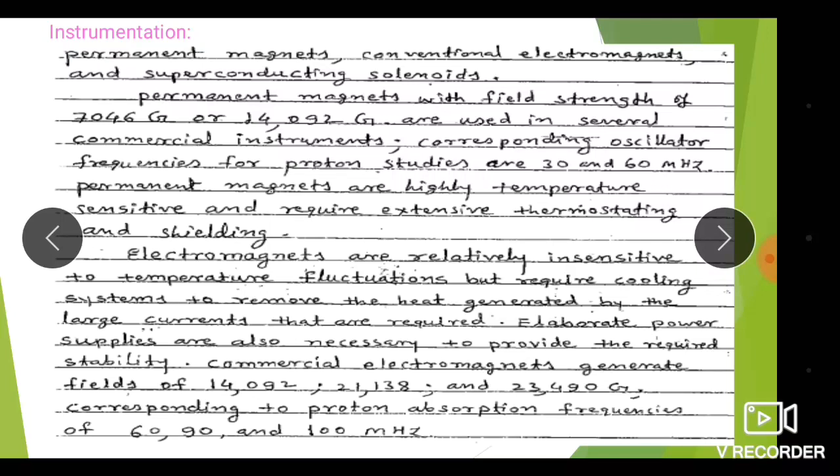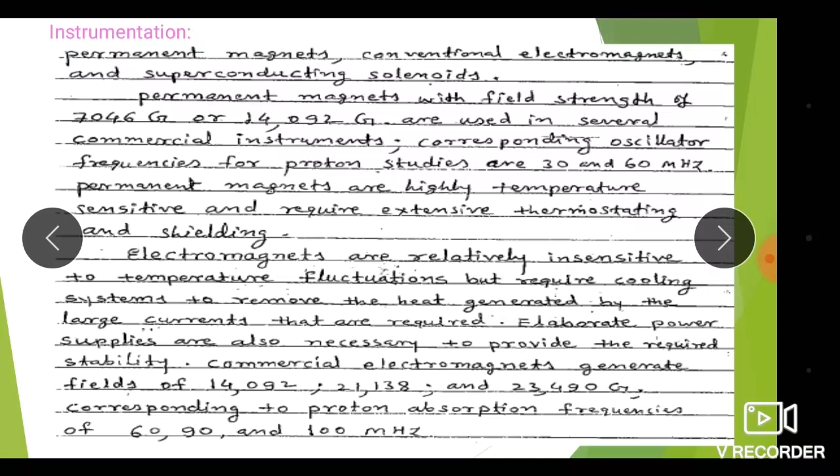Elaborate power supplies are also necessary to provide the required stability. As the name suggests, electromagnets are magnets generated by passing electricity.